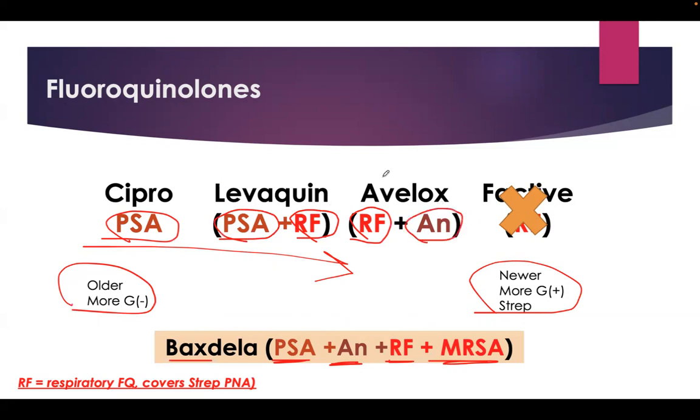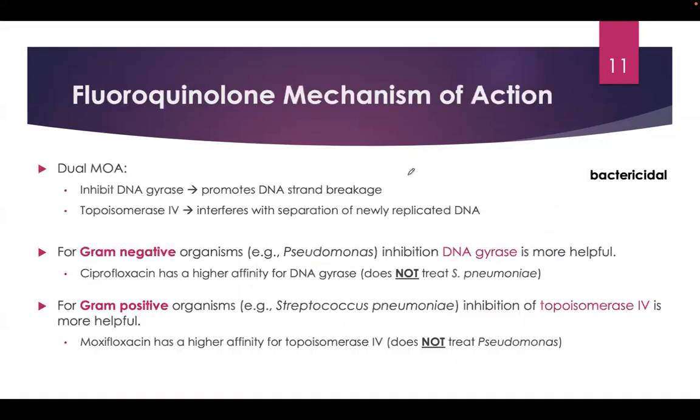Now remember with Avelox, and that's moxifloxacin, by the way, to get the names right, you could not use that for a urinary tract infection because it's not excreted in the urine. So there is a dual mechanism of action, and usually in those cases that does create a situation of cidal instead of static. You have inhibition of DNA gyrase, some will call this topoisomerase 2, and this promotes the breakage of the DNA strand.